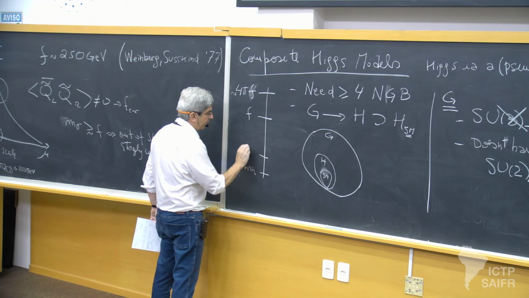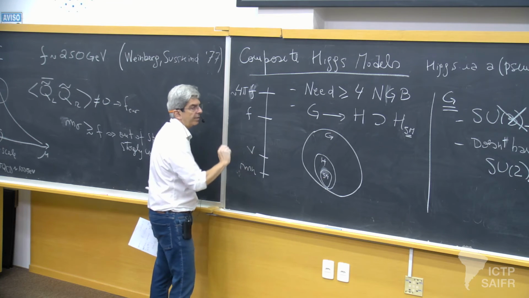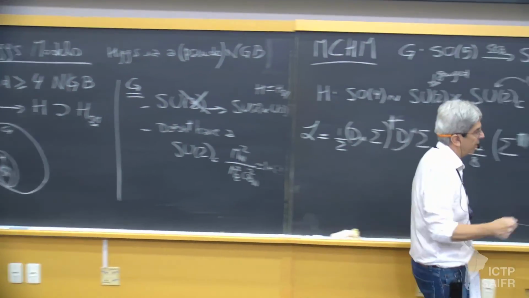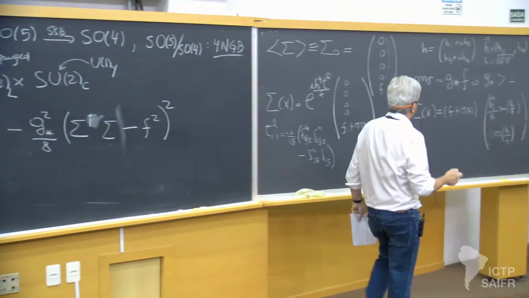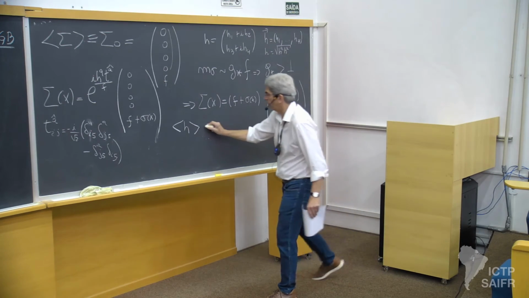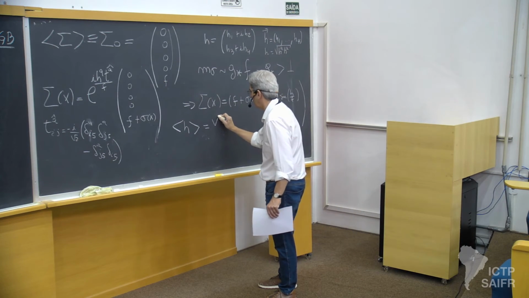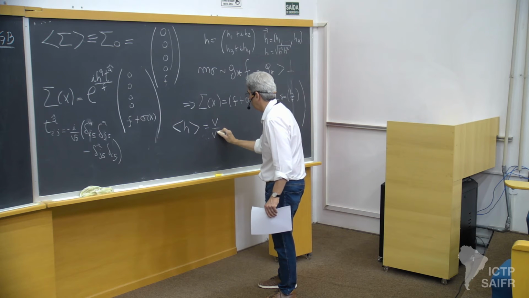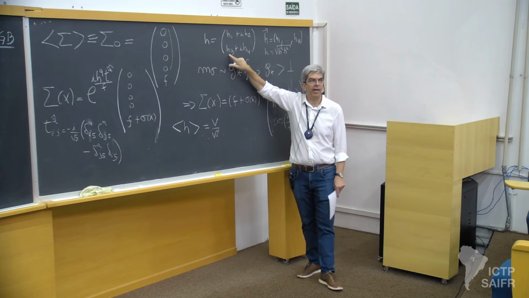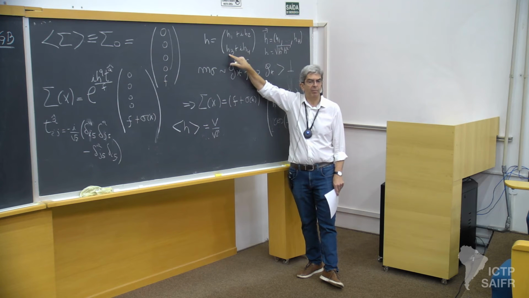And the scale V, in principle in this theory, I haven't told you what it is, but it's lower. And so when this is equal to V, or V divided by the square root of 2, you choose one direction, which is typically H3, that acquires a vacuum expectation value.